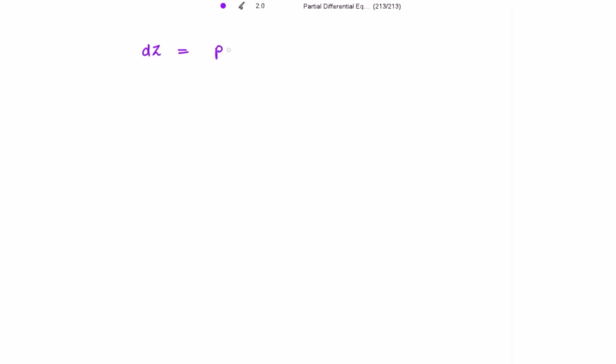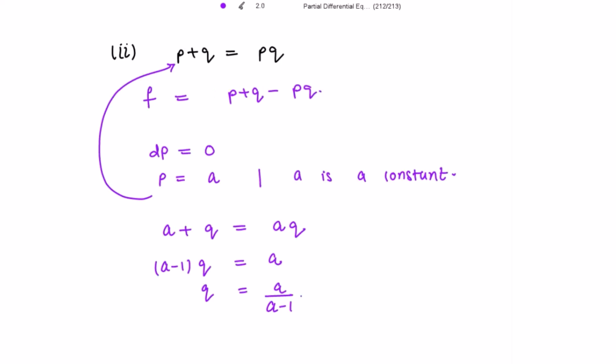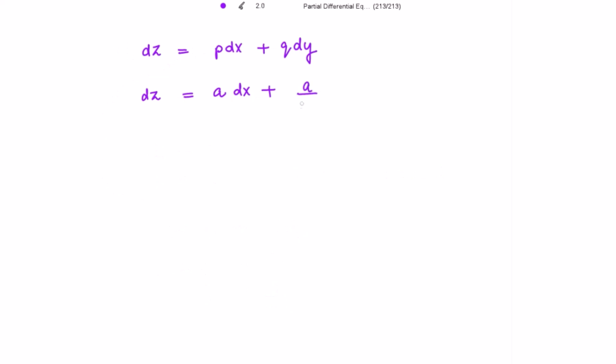And then we use dz equal to p dx plus q dy. So dz is equal to, the value of p is always a, right? dx plus what is q? It is a divided by a minus 1 dy. And when integrating, we get z equal to ax plus a divided by a minus 1 into y plus the constant b.